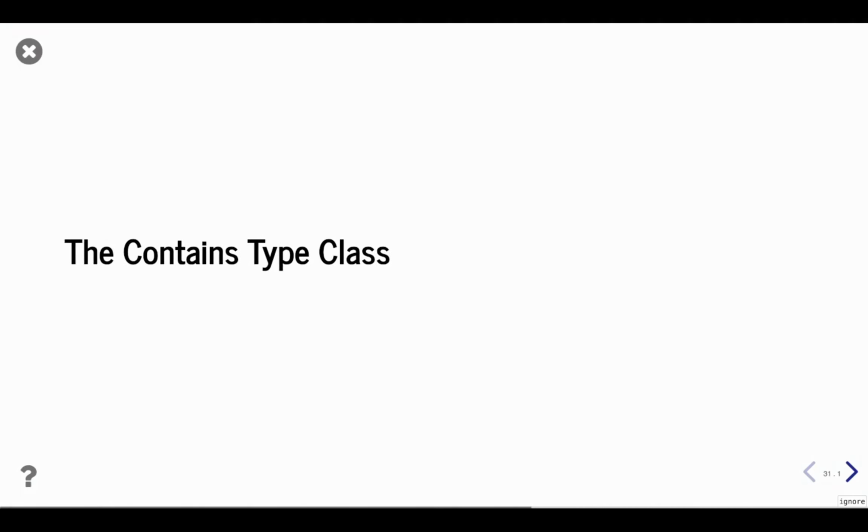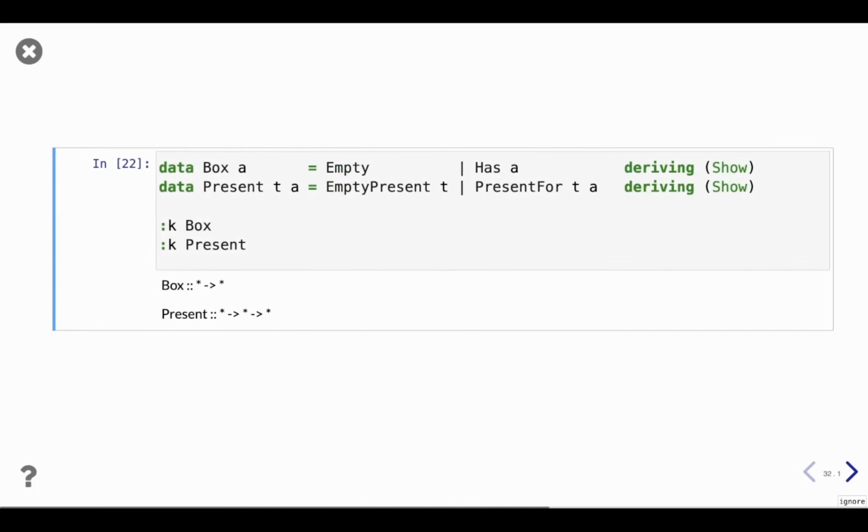This is the scenario. We are working on a logistics software that has two different types of packages. A regular box that may or may not contain something, and a present that may or may not contain something, but that it always has a name tag for who the present is for. So we have these two types.